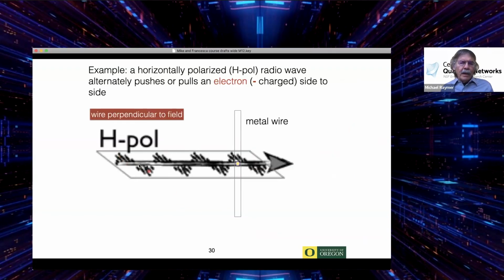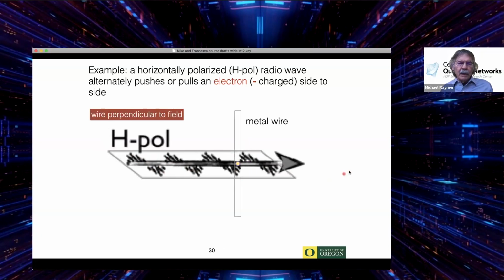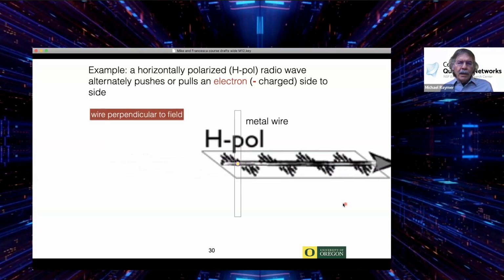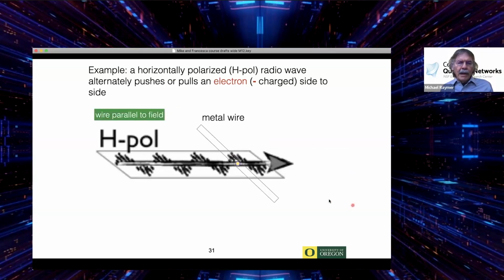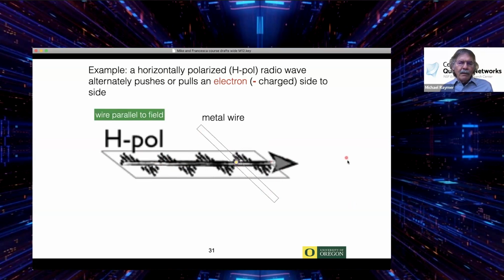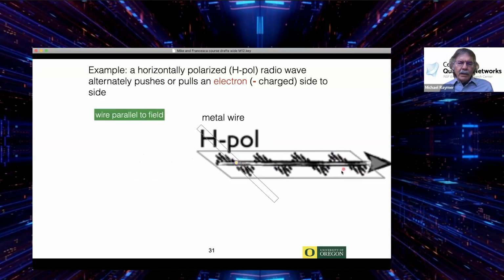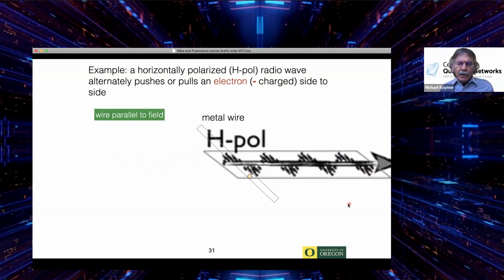Now, if the light wave is horizontally polarized, so it oscillates in the horizontal plane back and forth, and the wire is in the vertical position, nothing happens because the electron is not able to be pushed outside the wire, so it just sits where it is. No motion. Okay, but now if I move the wire so it's rotated horizontally to the same orientation as the light wave polarization, now again it can react to it. So this is how light polarization works and how electrons respond to light polarization.